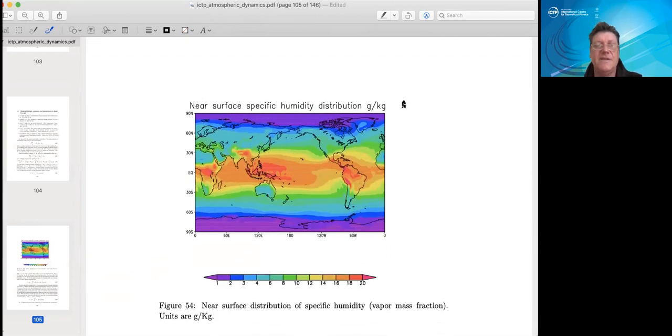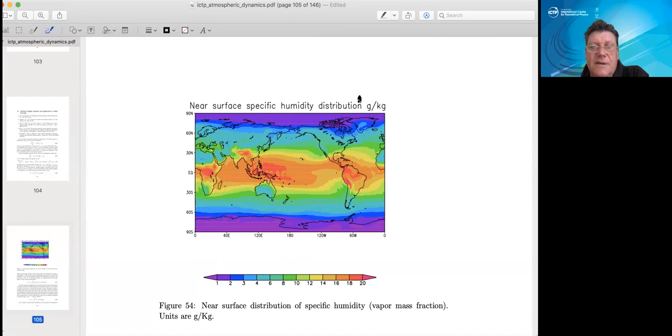Now let's look at the distribution of this specific humidity. This is for near surface values. If we go up, this specific humidity becomes smaller. Specific humidity is a dimensionless quantity in principle.